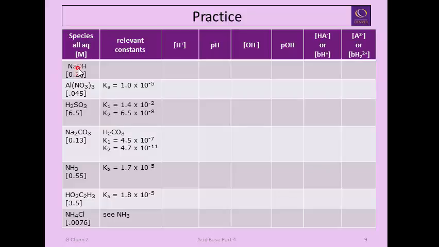So the first species is a strong base, so I certainly don't need a constant for this because it's going to fully dissociate into hydroxide. So 0.20 molar sodium hydroxide will give me 0.20 molar hydroxide. That will determine the pOH. That's easy enough, minus log of OH.